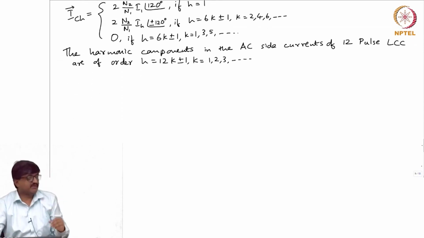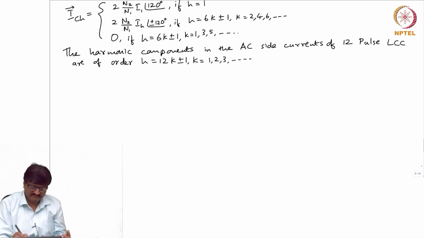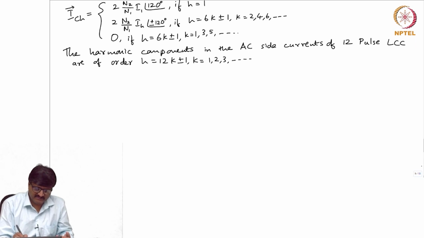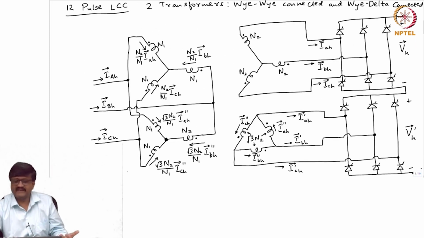Now, there is no question of fundamental on the DC side. What is there on the DC side? It is the average value. So, what do you expect for the average value of the DC side voltage of the 12 pulse LCC? Since they are connected in series on the DC side, look at the circuit.